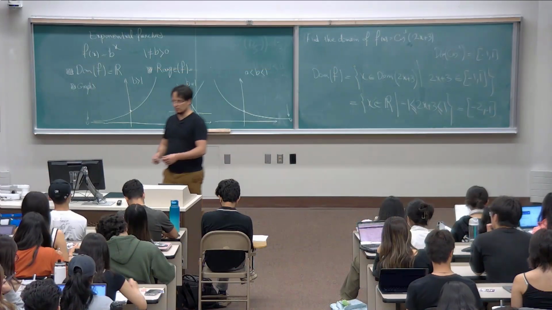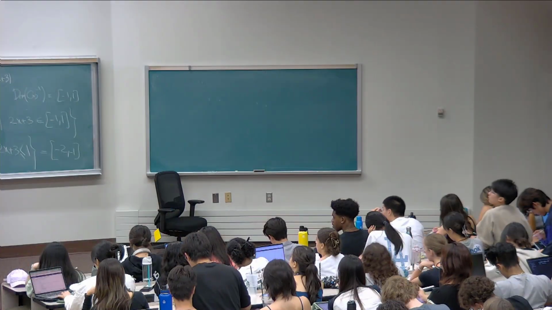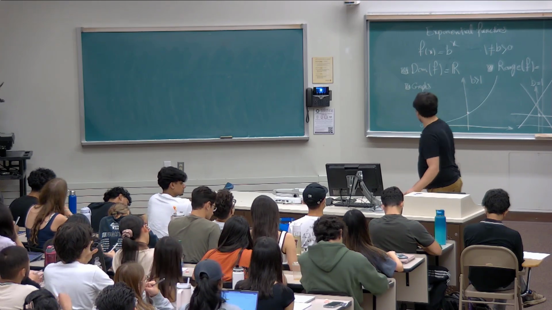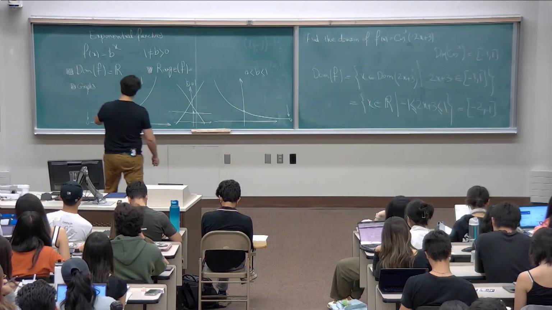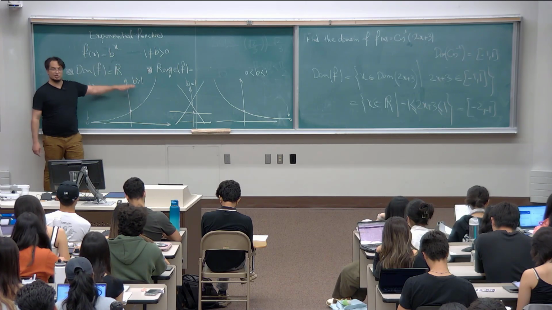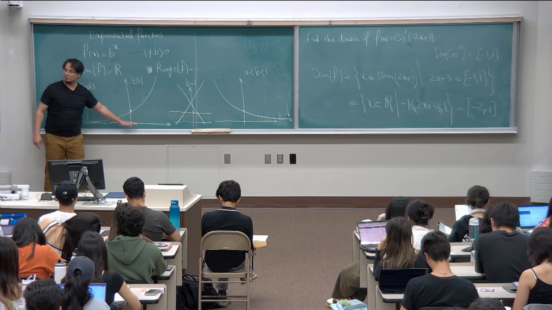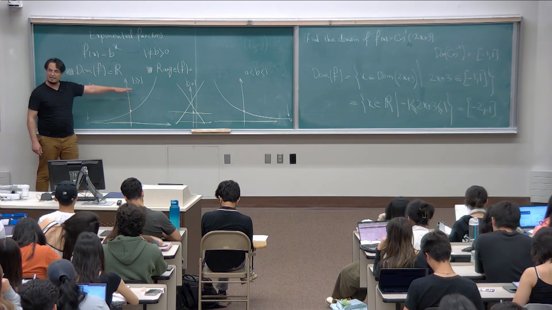Let me see what other properties I have there. Oh, once I have the graphs, now I can see the range. Range of a function, if you know the graph, you're basically trying to see what values of y it takes.